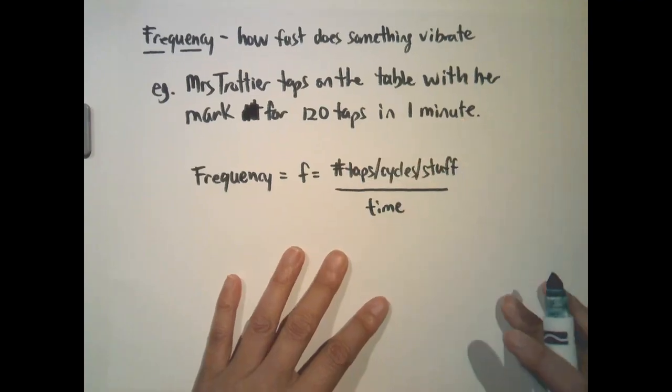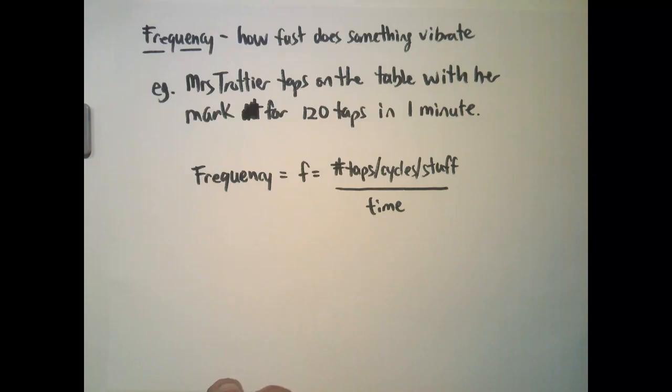Typically that's measured in seconds, but you can do minutes if you want, like revolutions or circles per minute. That's called RPM, all right?